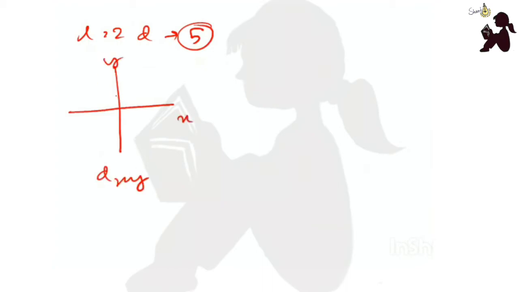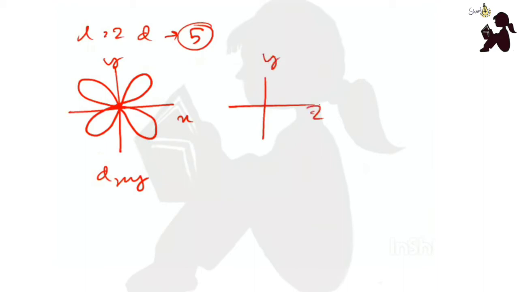Then the d orbital comes. Now d orbitals are 5 in number. First is our dxy. It comes like this. Second is our dyz. Third is our dzx.